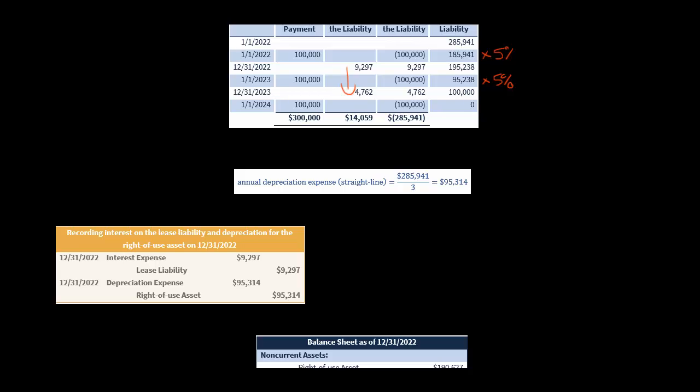Initially, we calculated using this, right, 185,941, and then the next time we calculated the interest expense, we multiplied 5% by a lower number, and that's why the interest expense is going down.